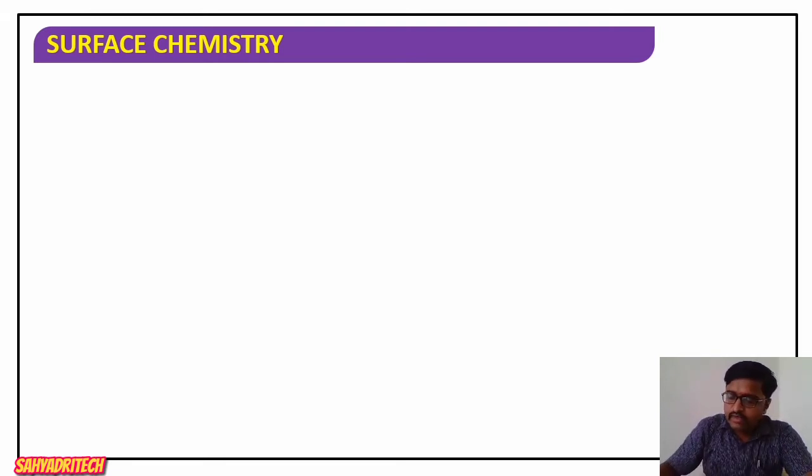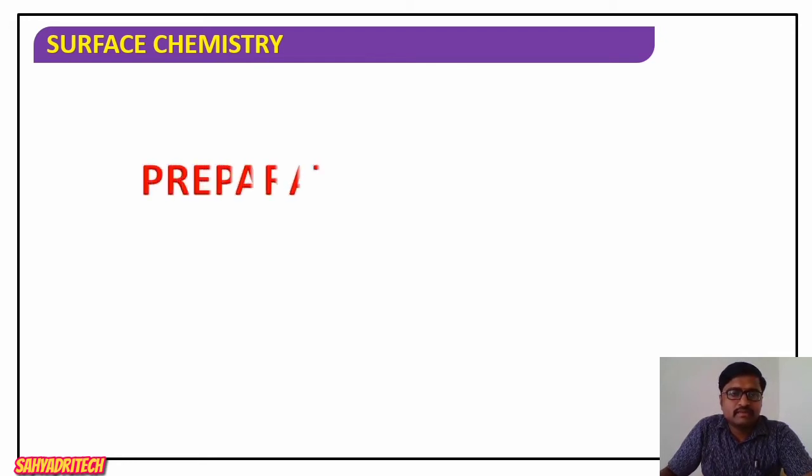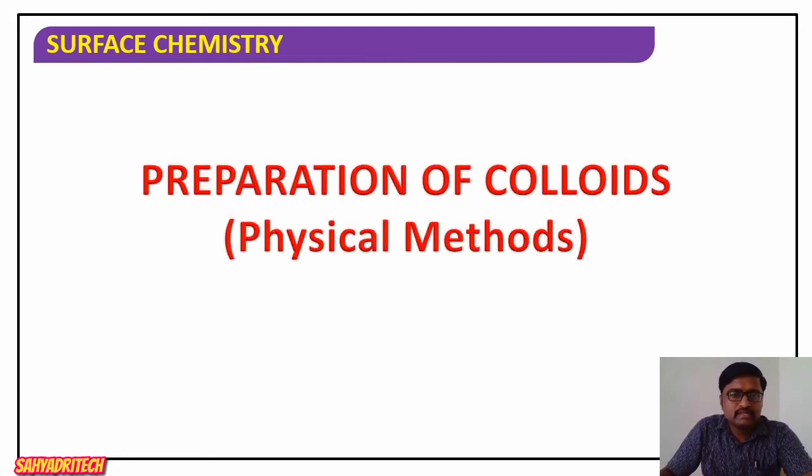Well, now in this session I'm going to discuss the continuation of the chapter: preparation of colloids itself. But now we are dealing with the physical methods of preparing colloidal solutions. Whatever methods I discussed earlier were chemical methods.